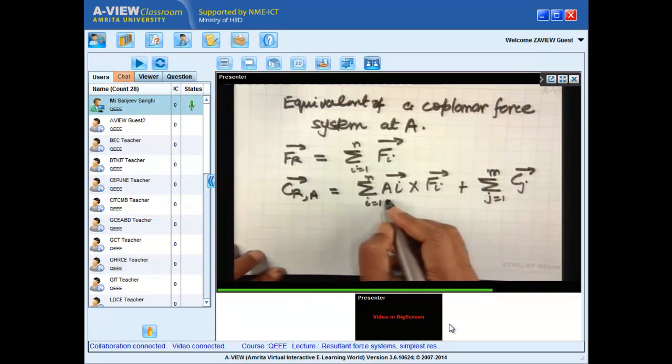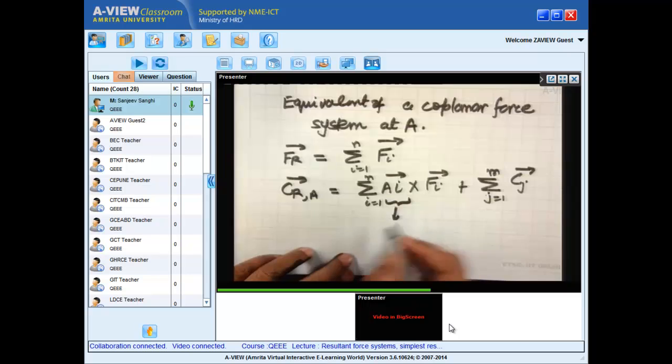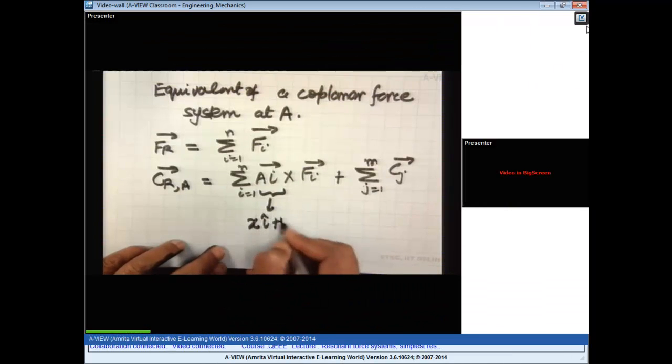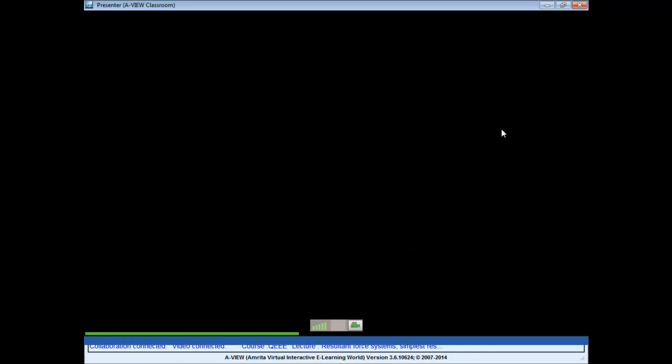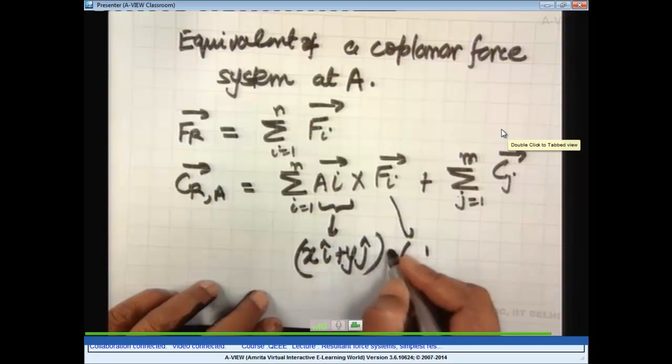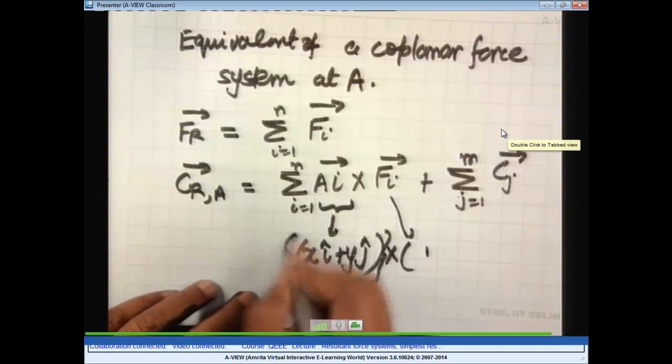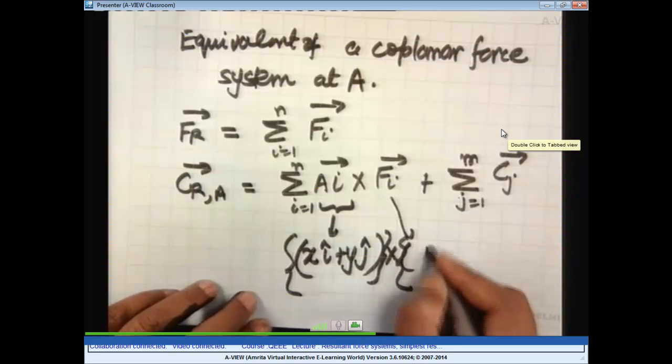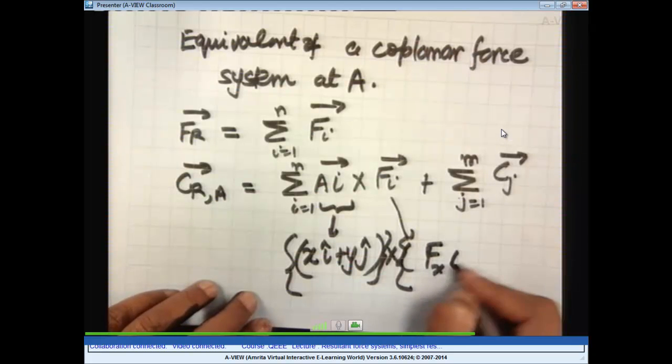But now Ai will be of the form xi plus yj, and Fi will also be of the form, let's put them in two different brackets, Fxi plus Fyj.